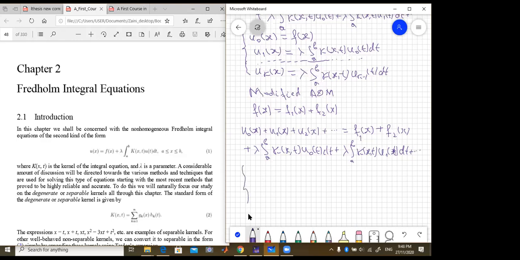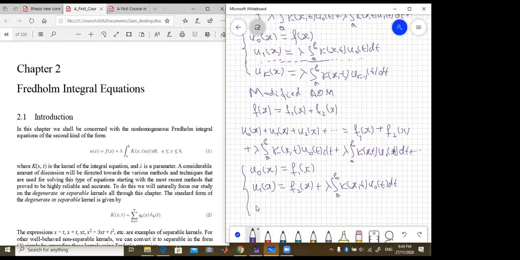So now look, what are the changes? u0 of x is f1 of x. You see, just part of the function we choose. As u1 of x, we choose f2 of x plus lambda integral from a to b k(x,t) u0 of t dt.